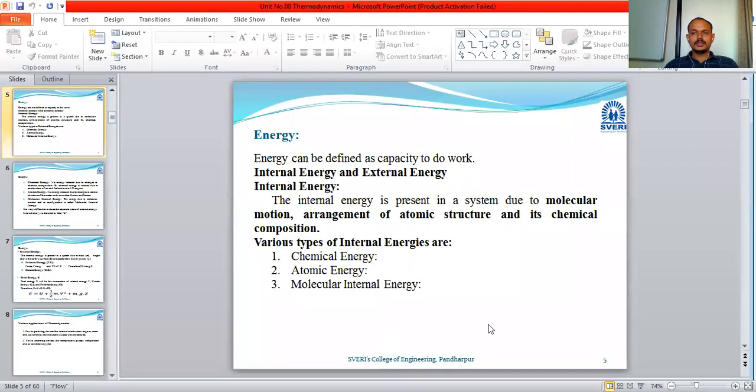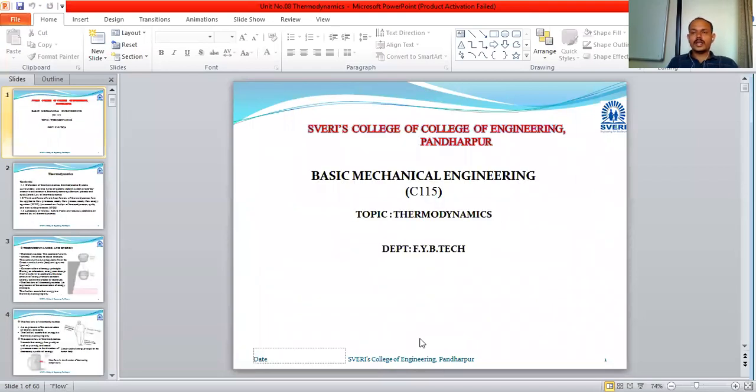Now we will move toward the next chapter, and the name of the chapter is Thermodynamics. I think in 12th you are already aware of that chapter, but again we have this chapter because thermodynamics is a very important branch in mechanical science.